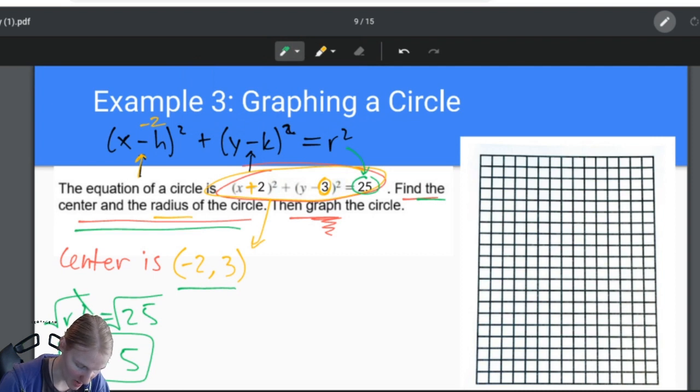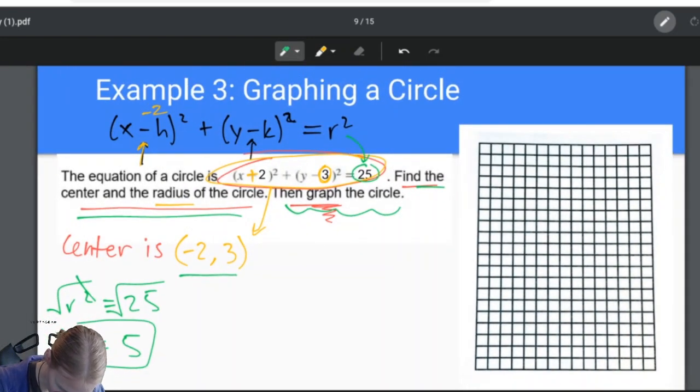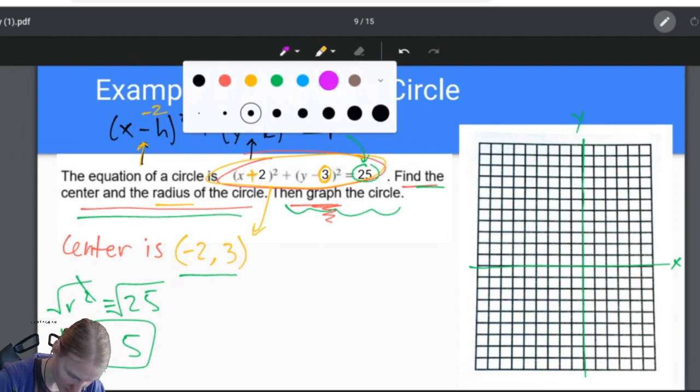Now we need to graph. So let's come over here. Since this paper's already black, let's do green on top of it so it's easier to see. X, Y. And now let's make our circle purple, because I like purple.